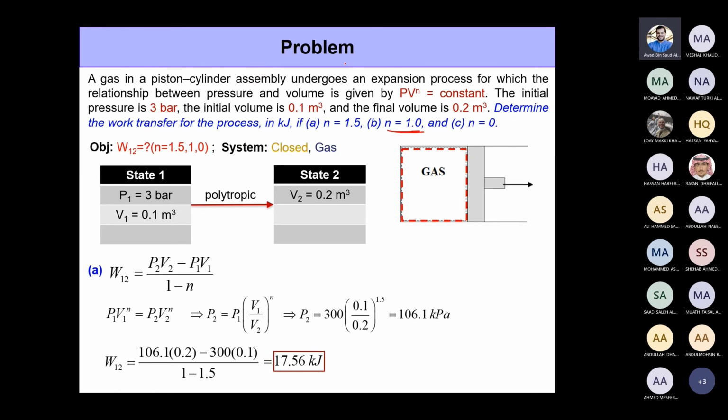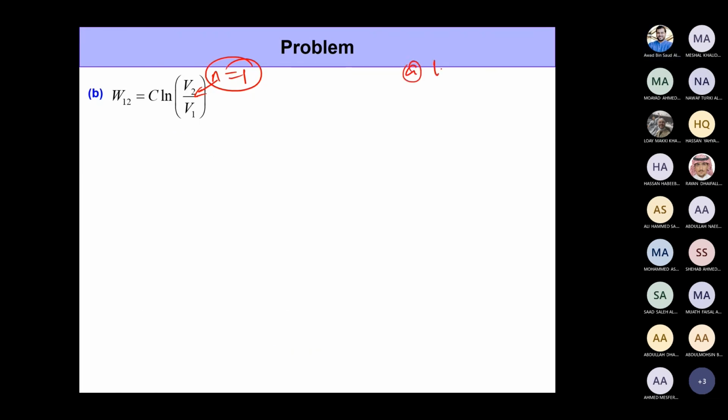In part A, we got 17.56. Now we have volume at state 2 and volume at state 1. V2 was 0.2 meter cube, V1 is 0.1 meter cube. So it's C ln 0.2 by 0.1.